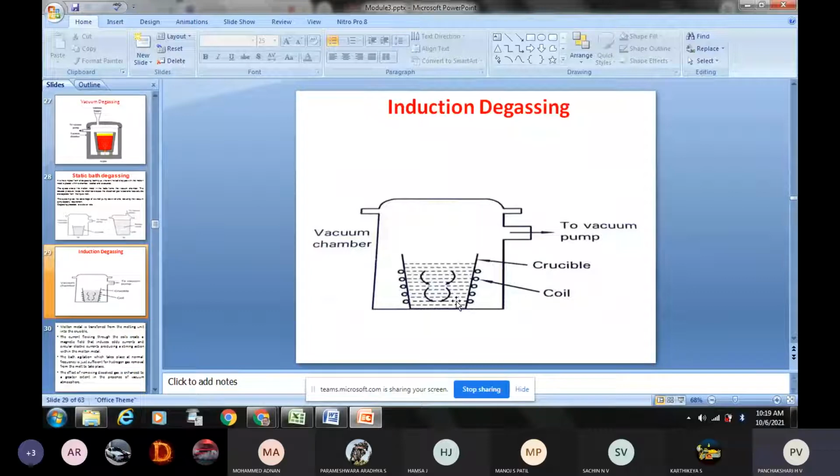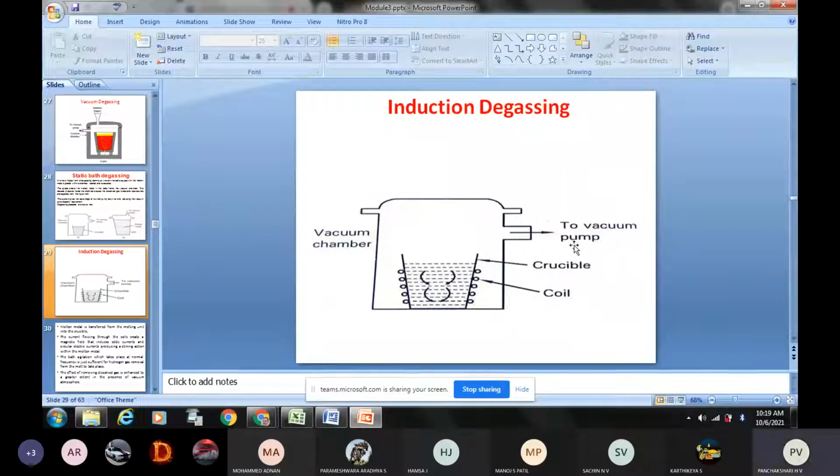Because of this, turbulence is created within the liquid metal. So because of that, all the dissolved gases will reach the surface. The entire action takes place within the vacuum chamber, so there is a vacuum pump. You can see the vacuum pump, just like the previous case.